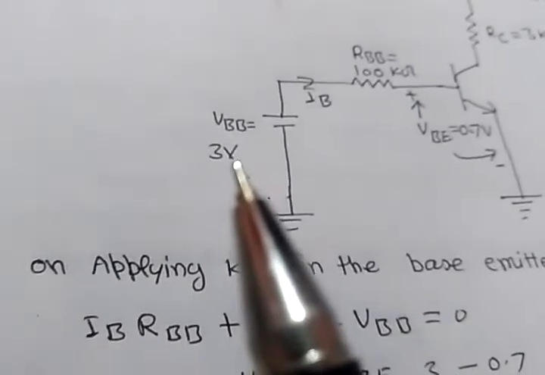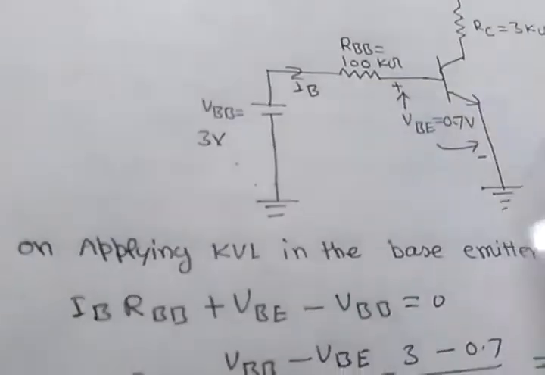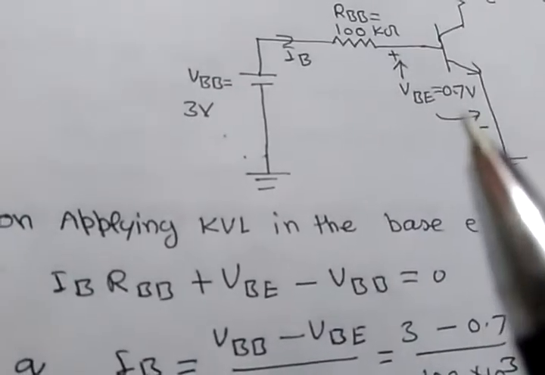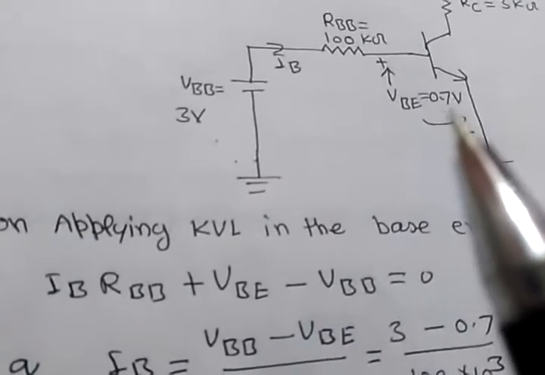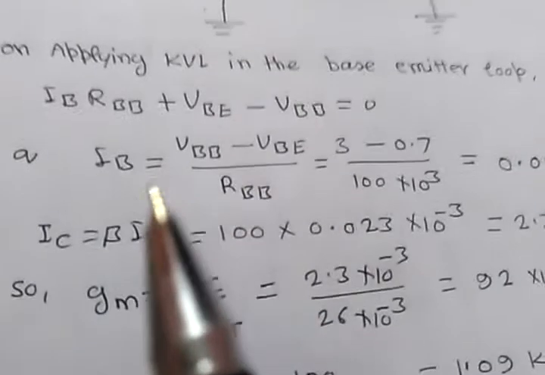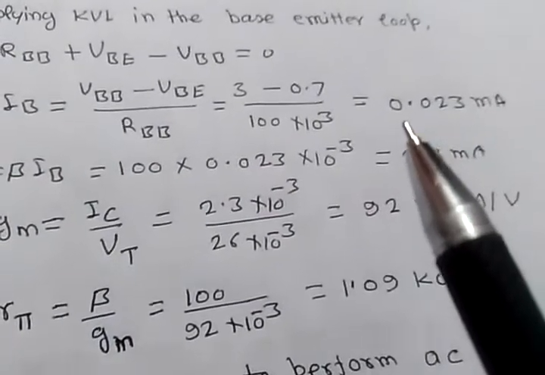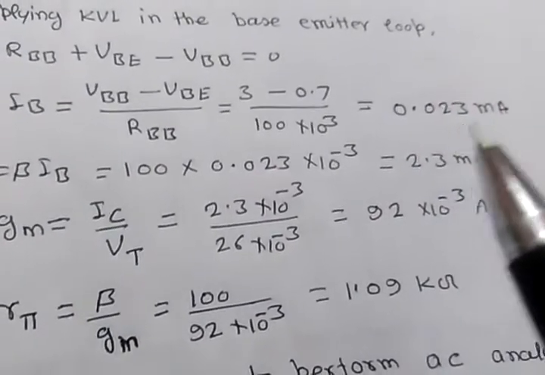VBB is equal to 3 volt, RBB is 100 kilo ohm, and VBE for a silicon transistor is 0.7 volt. Put these values in this expression and calculate IB. In this way we can calculate IB equal to 0.023 milliampere.